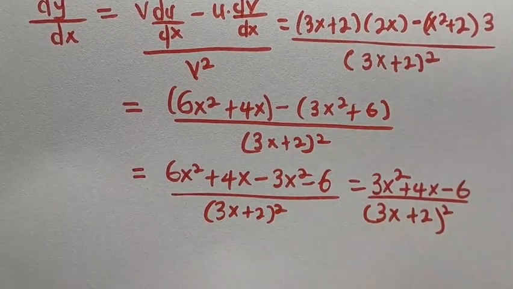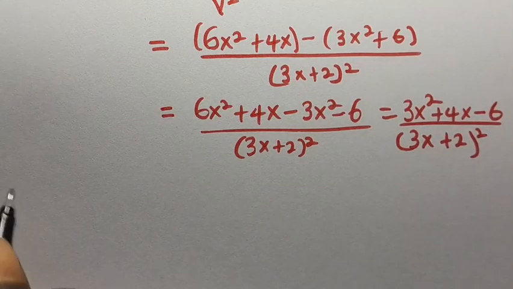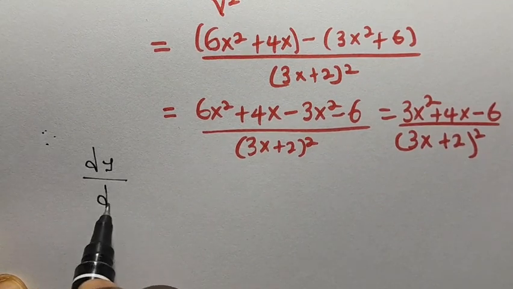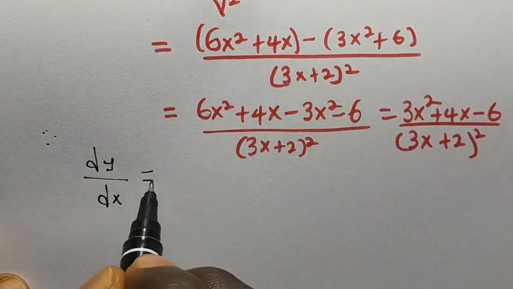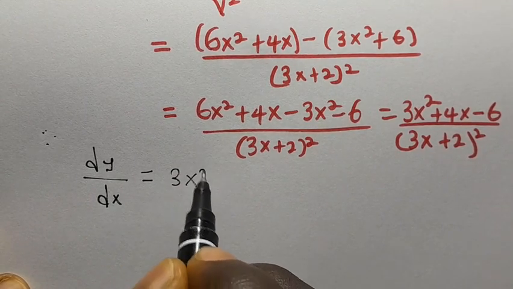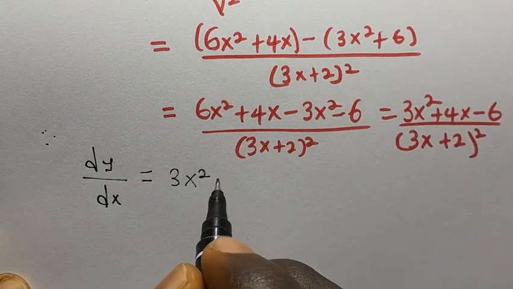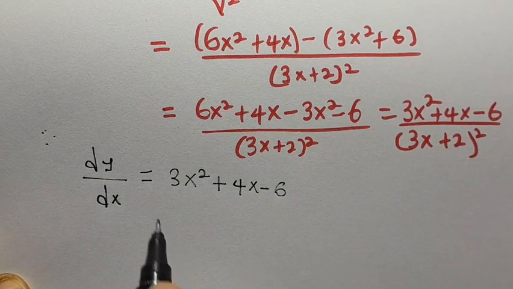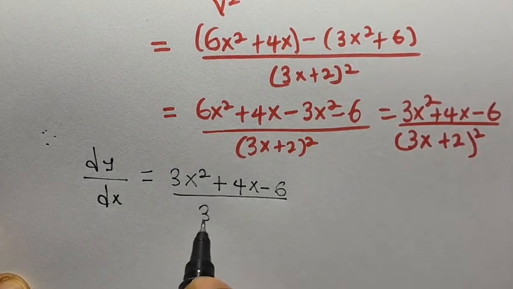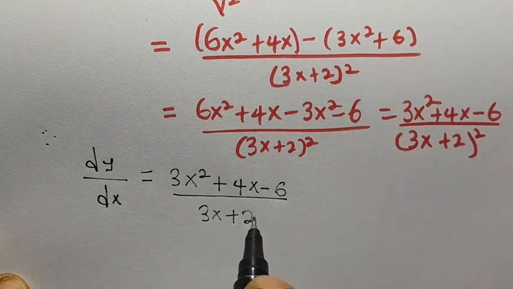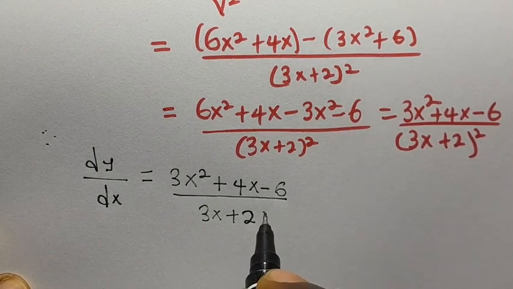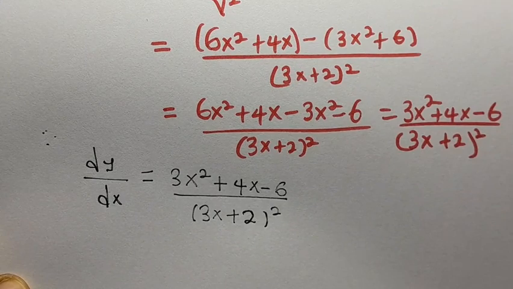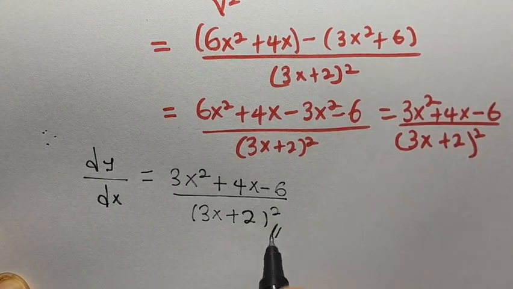So finally, dy/dx will be 3x squared plus 4x minus 6 divided by 3x plus 2 all squared. And that's the answer for this.